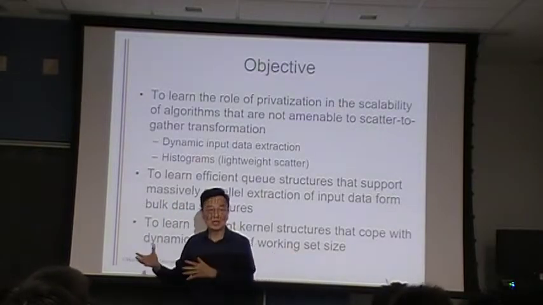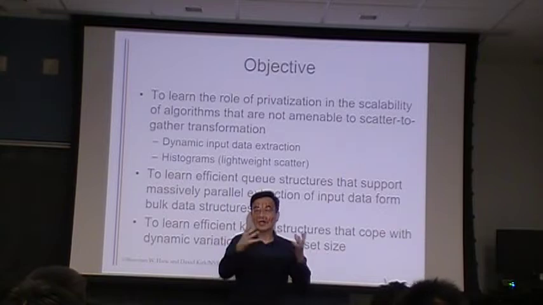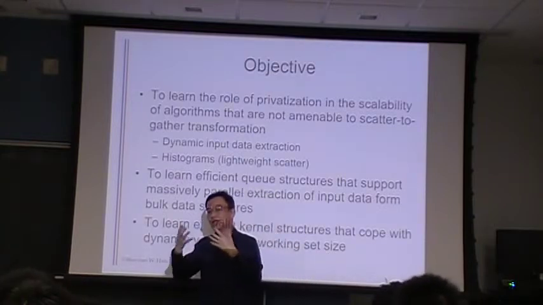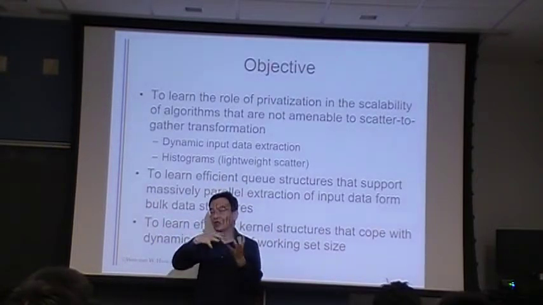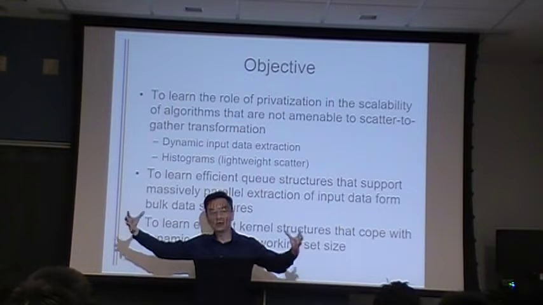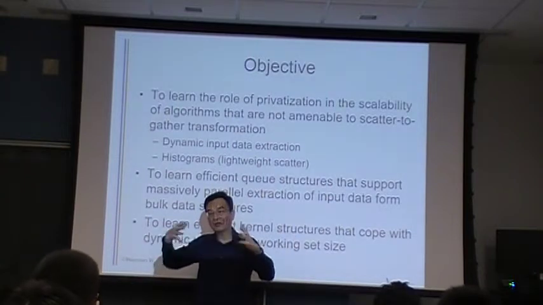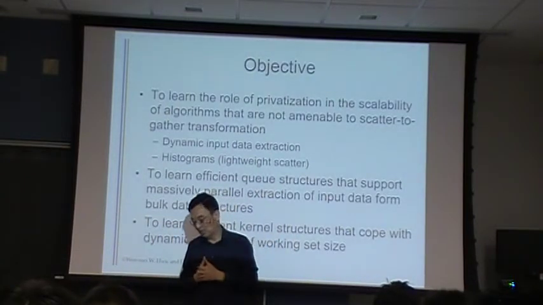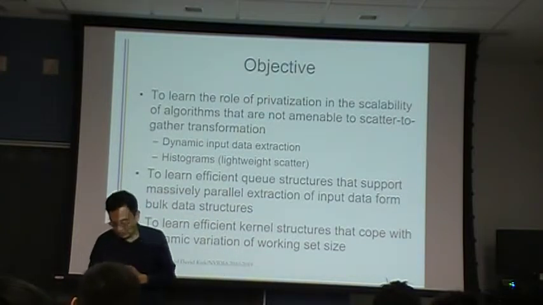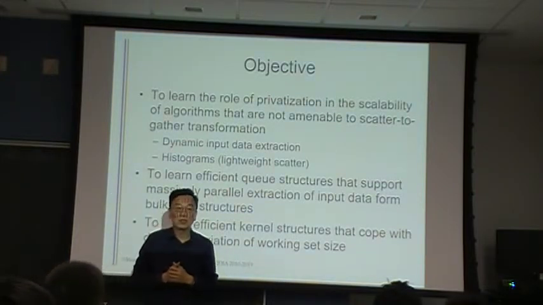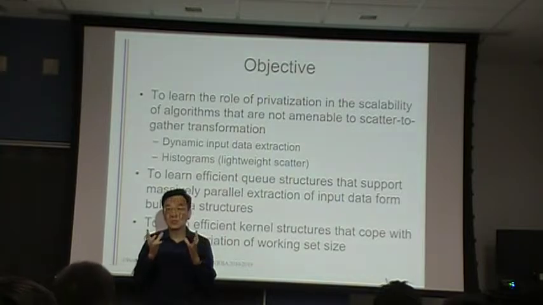So you're dynamically extracting data to process, and depending on the nature of the computation and your steps, the amount of work that you have in each iteration may grow, shrink, and can actually vary dramatically. That's why sometimes we need to organize our parallel execution differently according to where you are.